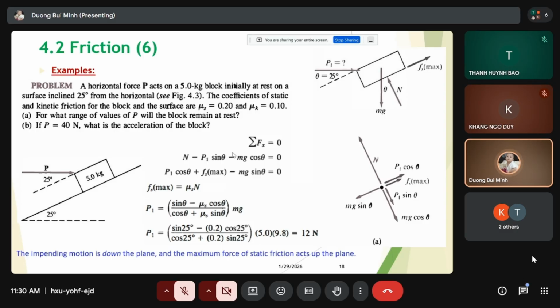And then you can get B1, right? B1 is mg times sine theta minus mu s cosine theta; mg you take outside. Yeah, correct.